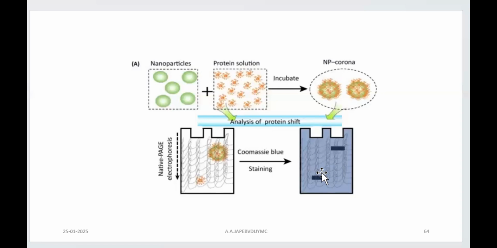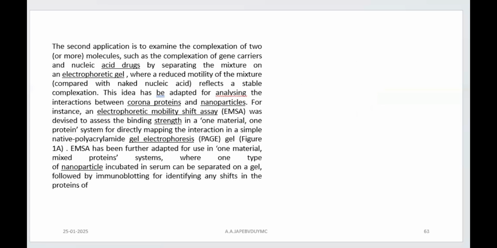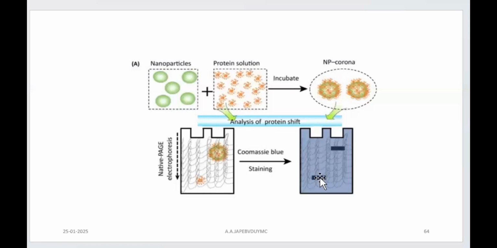So electrophoresis would help in finding out the complexing reactions, and that is how it is done with EMSA, that is electrophoretic mobility shift assay. What is the shift? This is the band formed when it is only protein, and this is the band formed due to the complex between the nanoparticle carrying the drug and the protein analyte, right?